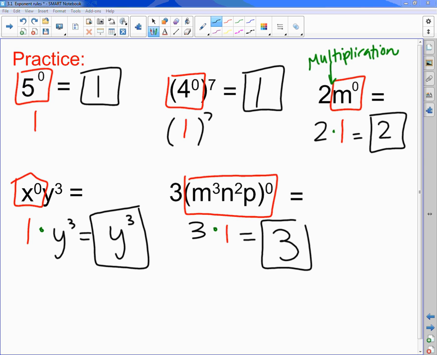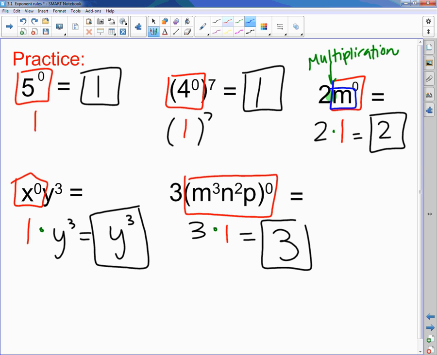Okay, go ahead and check your answers here. You see for the first 2 problems, the answer is 1. If you look at that top right problem, real quick, I just want to emphasize that in between the 2 and the m, it is multiplying, right? It's 2 times m, even though you don't see the multiplication symbol. So when we're doing this type of problem, the base is m.